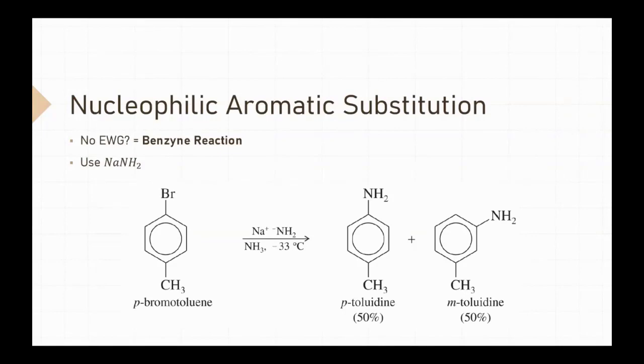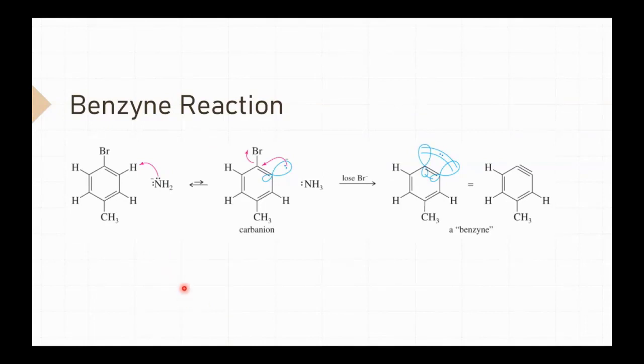Okay, so the NH2 negative will deprotonate an H, and something weird happens here, right? We kind of make an elimination reaction where this Br leaves, and it makes a triple bond right here. Now this triple bond is really unstable, right?